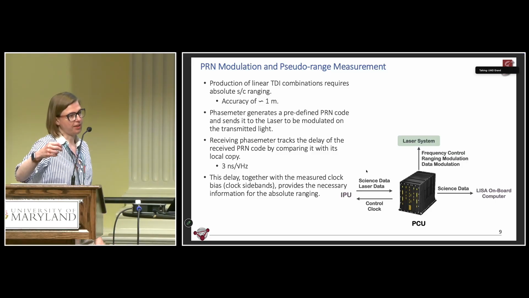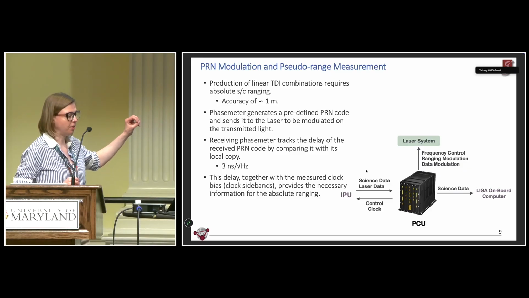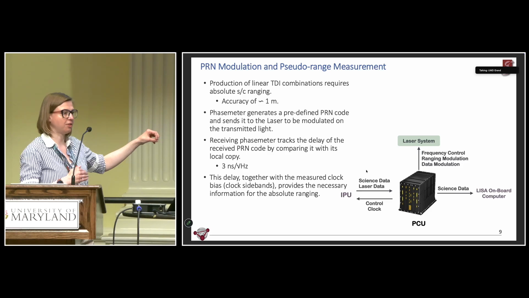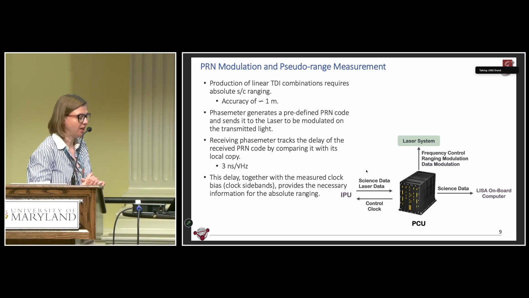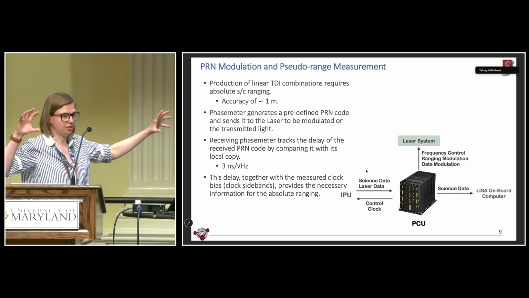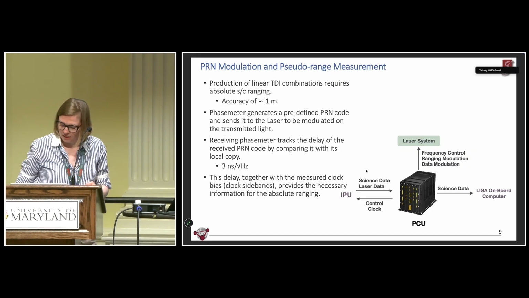Then it's again imprinted on the laser light and sent to the far spacecraft, which has to track the delay of this code with respect to its local code to a precision of 3 nanoseconds per root hertz. Again, this is a super stringent requirement, and we need the whole chain to verify it.